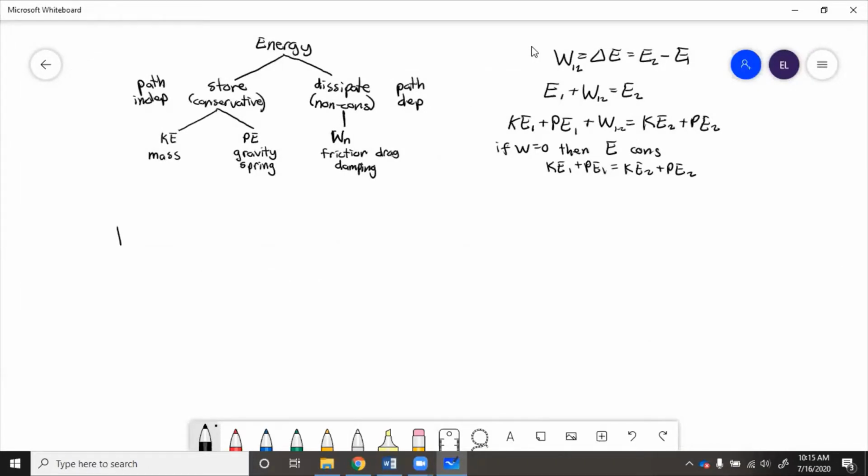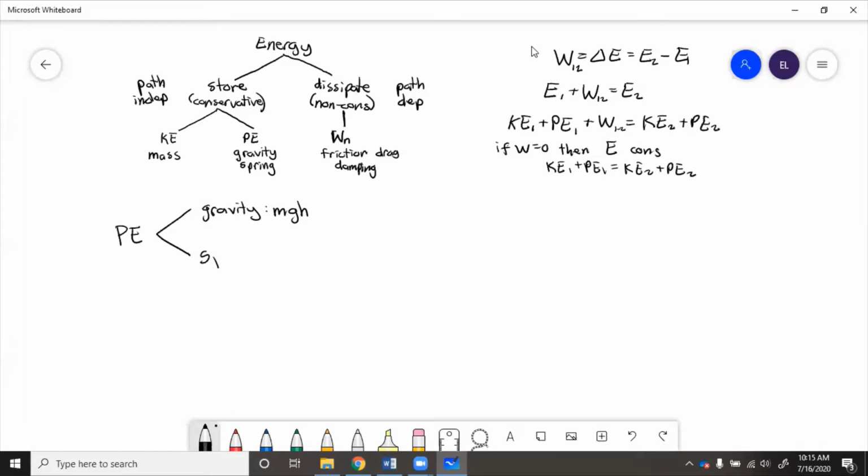Well, potential energy, as we said, can be stored in gravity and in a spring. Potential energy due to gravity equals mass times gravity times height. And this is going to be positive or negative depending on if you are above or below your coordinate frame.